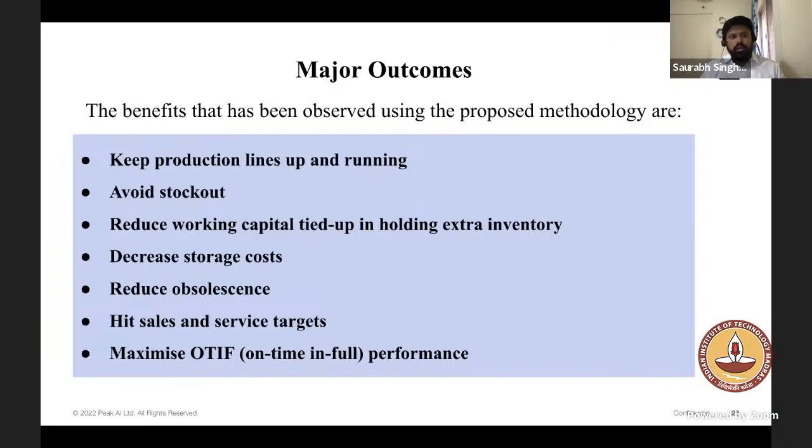For example, a machine is replaced, so the spare part related to the older machine for your plant is no more required. All those kinds of things you can reduce. Whatever obsolete inventory is there, you can reduce. You can hit your sales and service targets properly, which essentially means that you can maximize your OTIF performance, which is on time and in full, right?